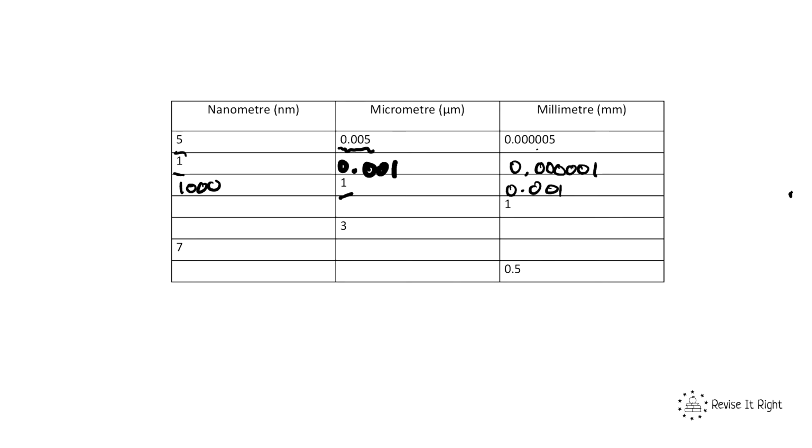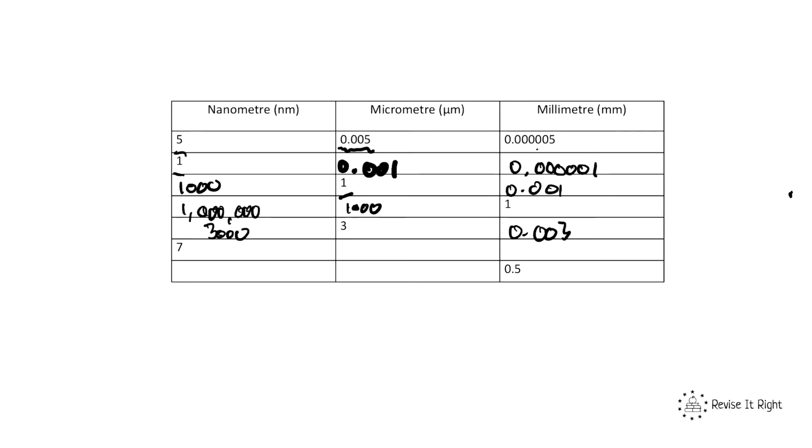To get from 1 millimeter to micrometer, we times by 1,000, so that would be 1,000. And then from micrometer to nanometer, we times by 1,000 again, so that should be 1 million. To get from 3 micrometers to nanometers, we times by 1,000, so that will be 3,000. And we divide by 1,000 to get micrometers to millimeters, so that would be 0.003.